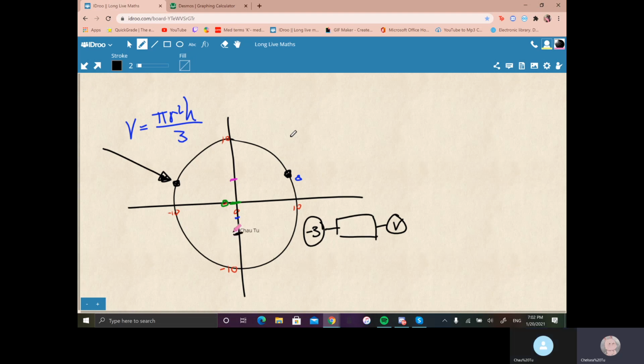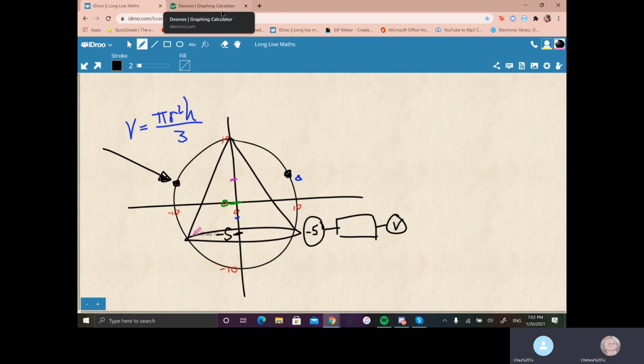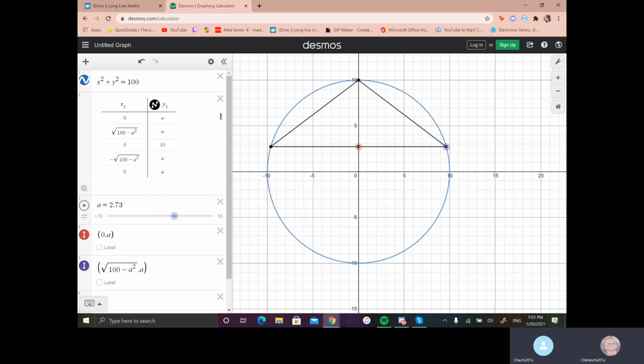So suppose a is negative 5. Then what's the volume? For a given a, any a, you have to be able to tell me the volume. So what's the volume of this green cone?